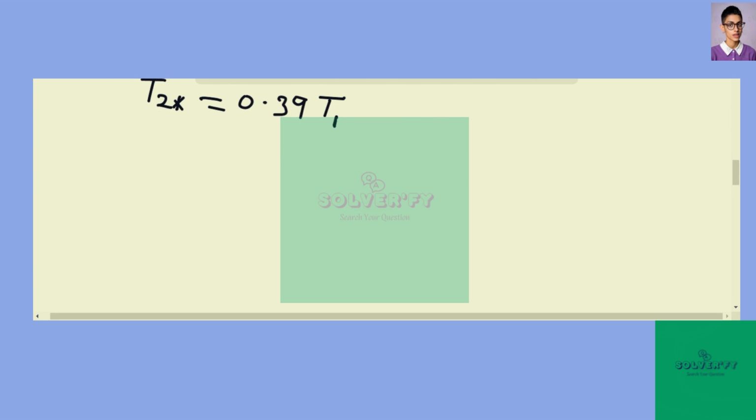And of course, we already know our T2 from before, which is 86.84 Newton.